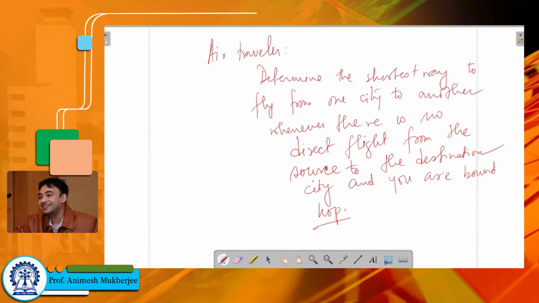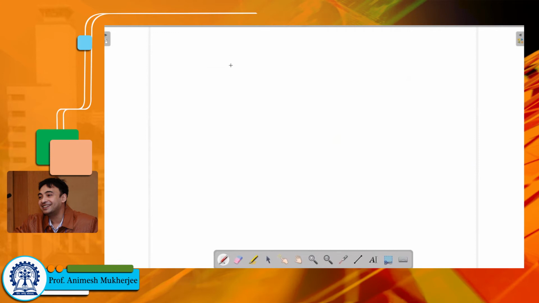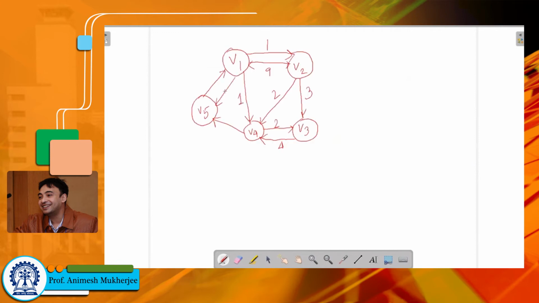So let us take a small example. Let's say V1, V2, V3, V4, V5 are your different cities, and the edges indicate flight routes.